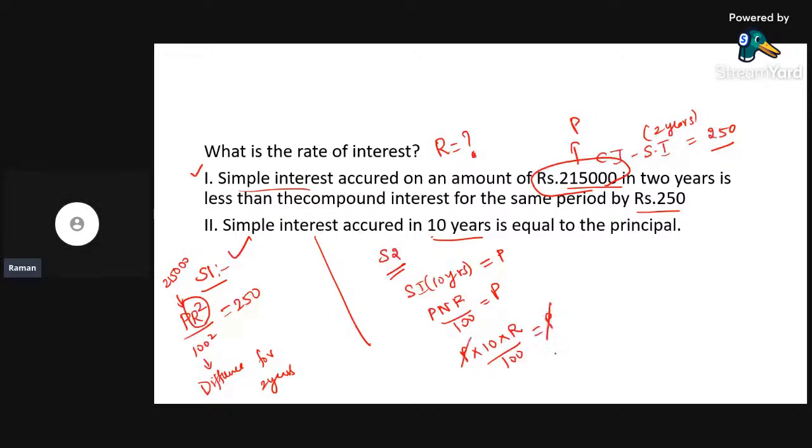Here also you can find the value of R, which is 10%. It should be some percentage. What is the answer, guys? So the answer is either one or two. Either statement one or statement two.